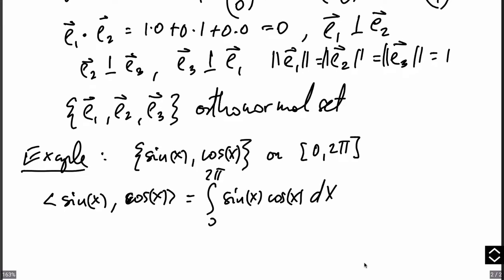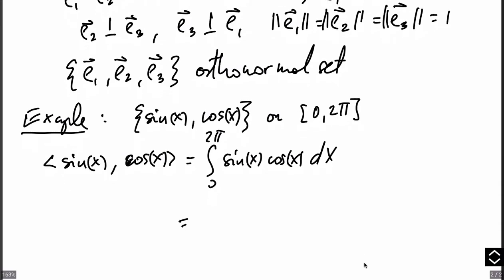Okay, we have to bring back some Calculus 2 integration technique. So this is, by the way, using the trigonometric formulas, if we write 2 sine of x cosine of x. Yeah, there are actually different ways to solve this.